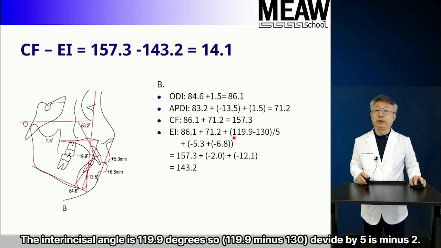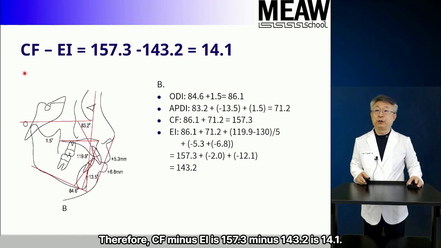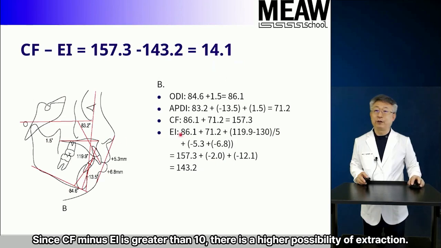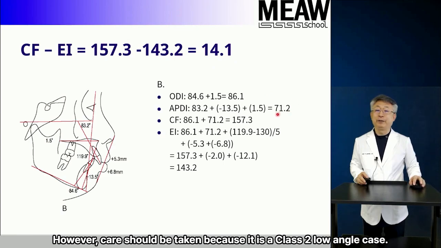The interincisal angle is 119.9 degrees, so 119.9 minus 130 divided by 5 is minus 2. Therefore, CF minus EI is 157.3 minus 143.2 is 14.1. Since CF minus EI is greater than 10, there is a higher possibility of extraction. However, care should be taken because it is a class 2 low-angle case.